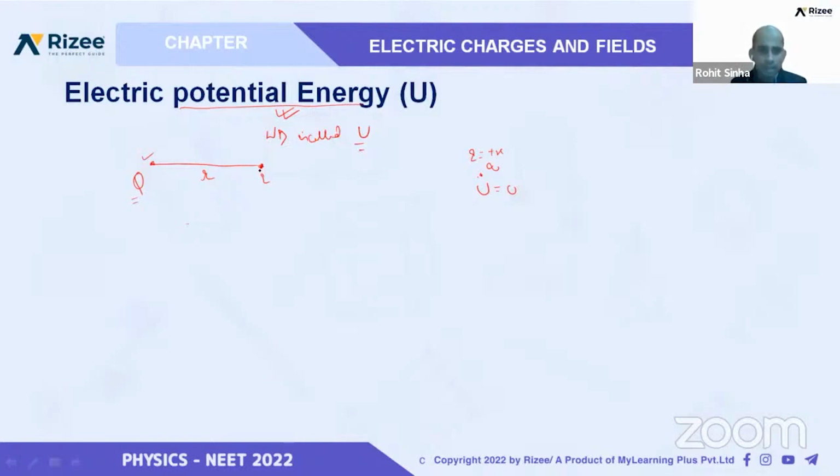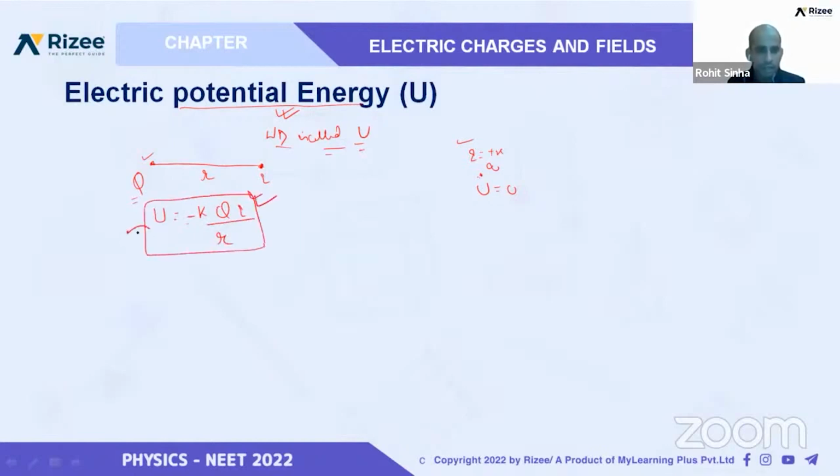So here we are concerned not with the definition, just the concept of bringing a charge from infinity to a point within the electric field. When we calculate the work done using integration, we get U equal to K Q by R, usually written with a minus sign, and this is the electric potential energy.